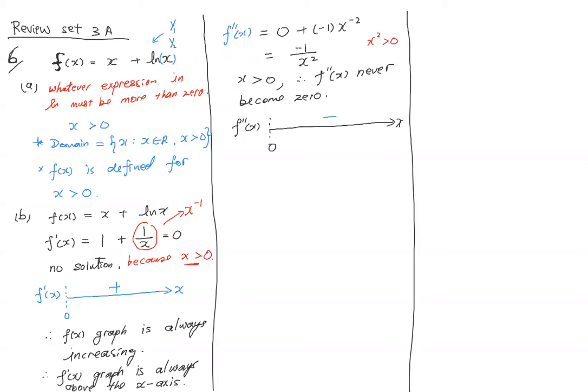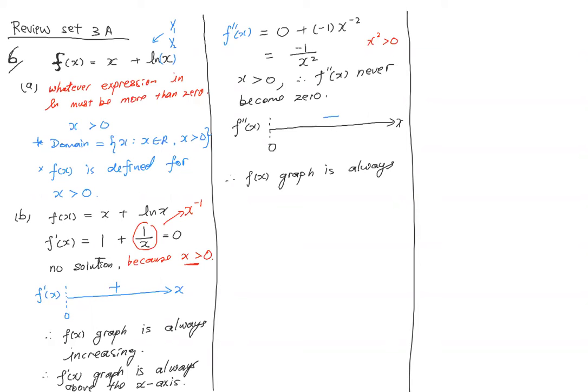Okay. So now how are we going to make a geometrical interpretation about the f(x) graph? Who wants to try? Increasing rate.